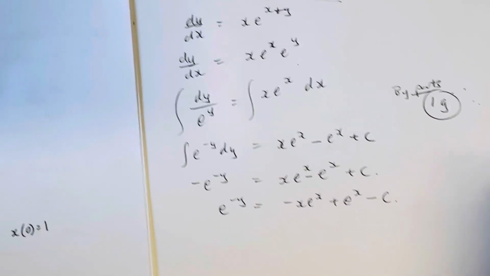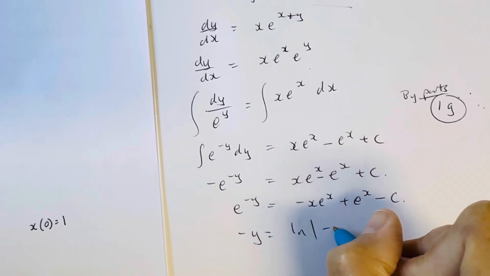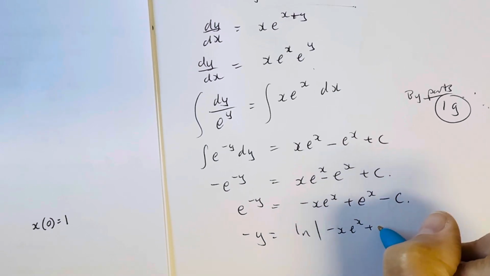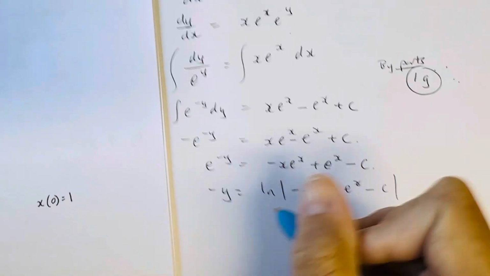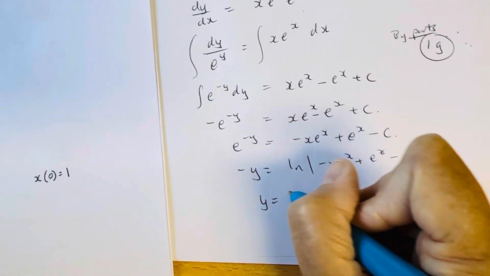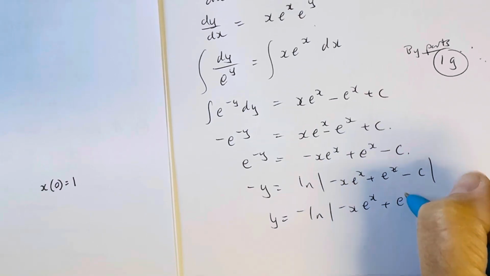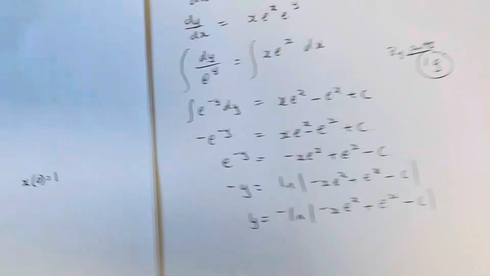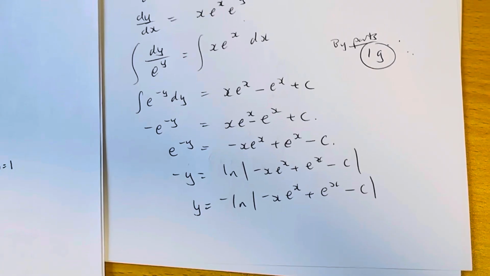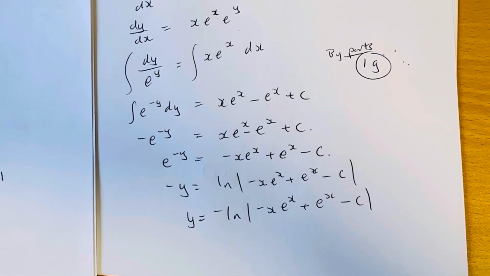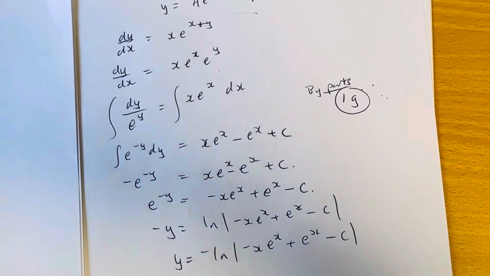So just bringing the negative through, and then negative y will equal log of all that. And so y is the negative ln of all that. Okay, so just finishing that off, because it was e to the negative y, my answer ends up being a log, and that's 8D.